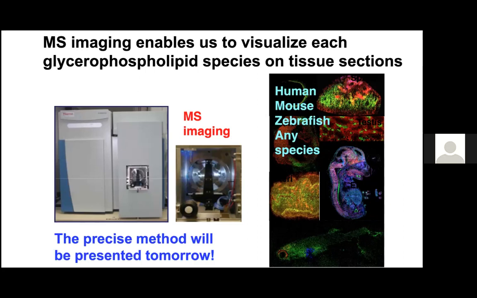This new technique is called MS imaging. This allows us to visualize each phospholipid molecular species on the tissue sections. Details of this technique will be explained in my lecture tomorrow.